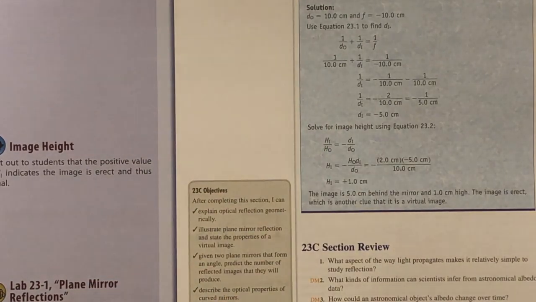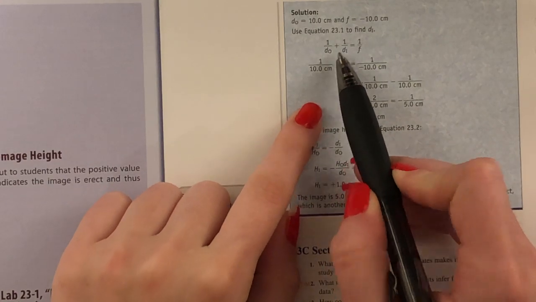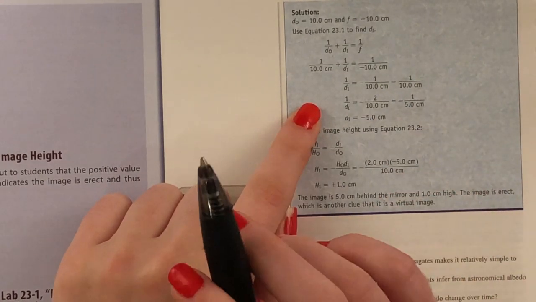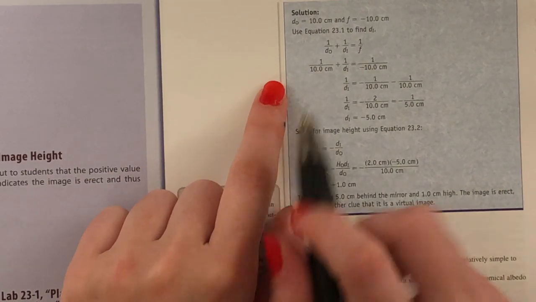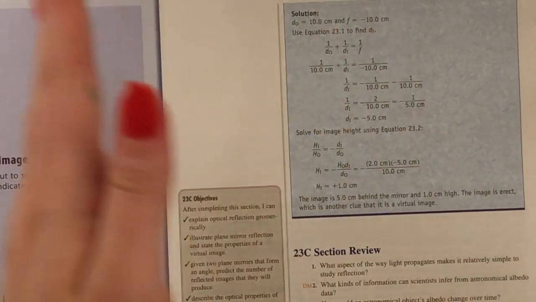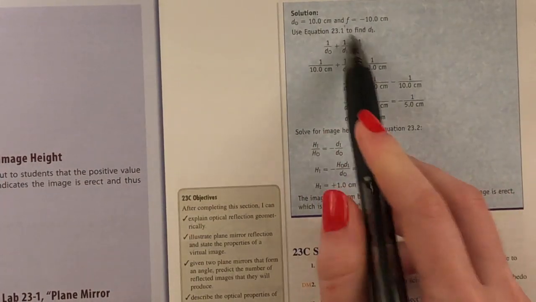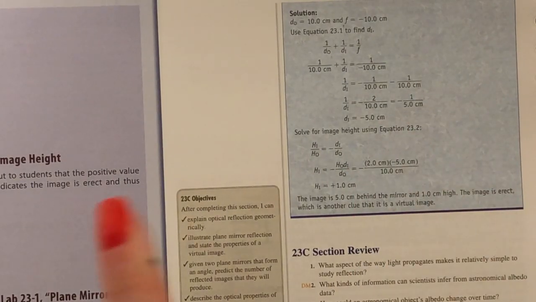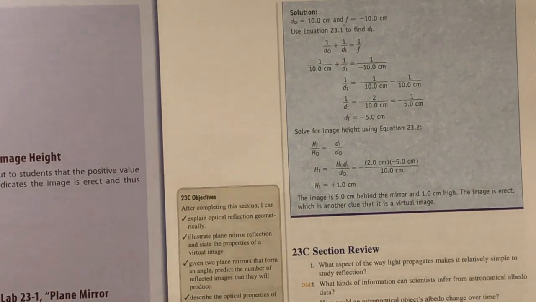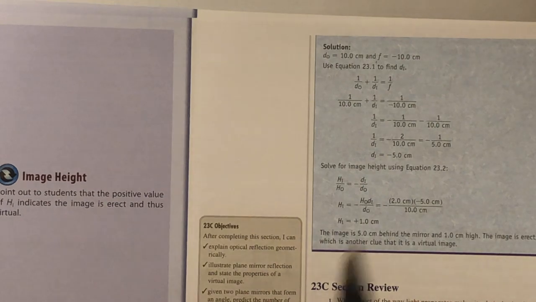So in order to find the image distance, I plug in dO, or the object distance there, but notice that dO is going to be positive because the object is in front of the mirror, but the focal point, or focal length, is negative because the focus or focal point is behind the mirror. So the distance from the mirror to the focal point is negative. And so you would go about the same process as you would before, just being careful to put in the negative signs.